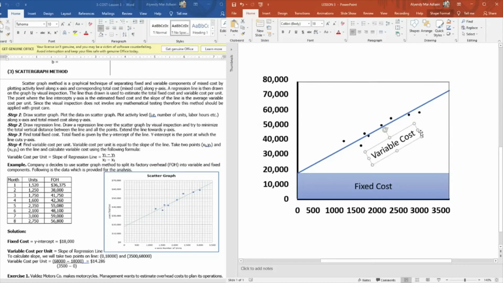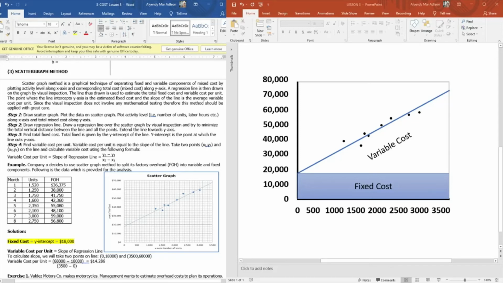Okay, so therefore for this problem, how much is our fixed cost? That is the y-intercept, which is 18,000. It is already stated there. And the variable cost per unit is the slope of the regression line.